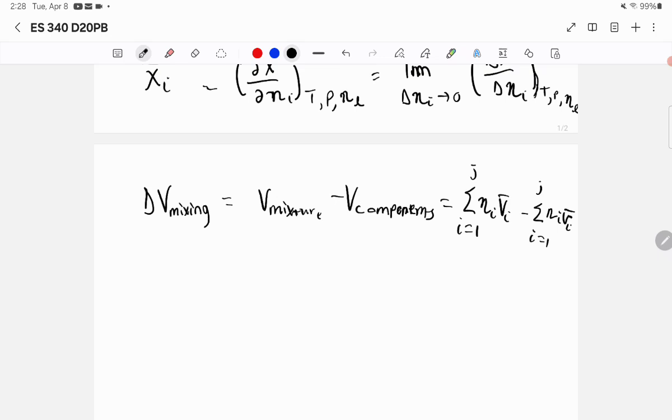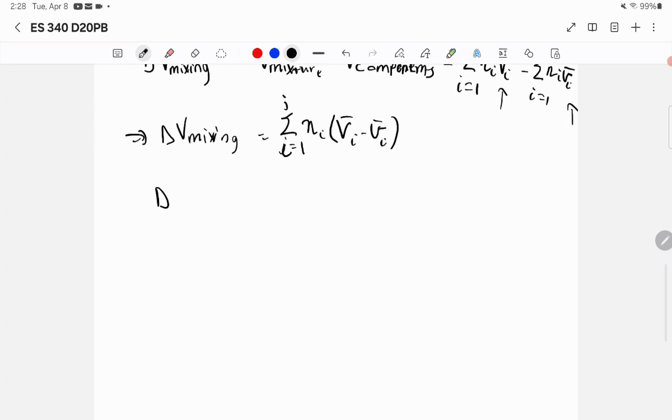This is the lowercase v, by the way. So this is a capital V, and this is a lowercase v bar. So I can do this, which means that delta V mixing is equal to the sum, if I absorb all of those quantities in, of n_i times (V_i bar minus lowercase v_i bar).